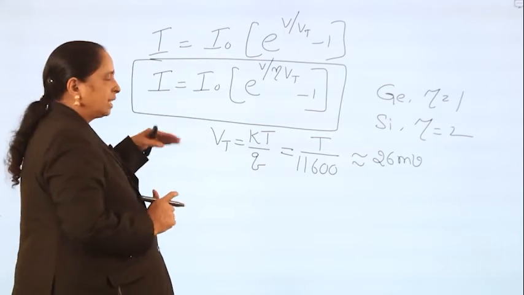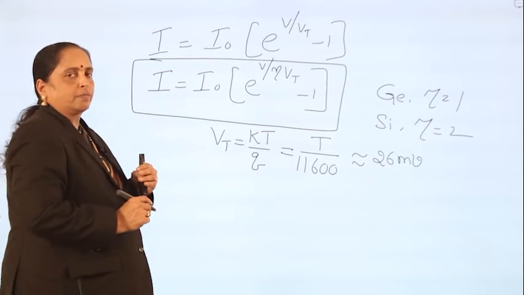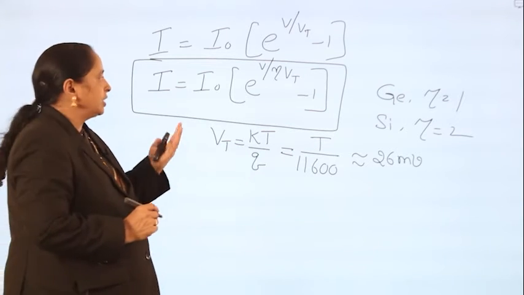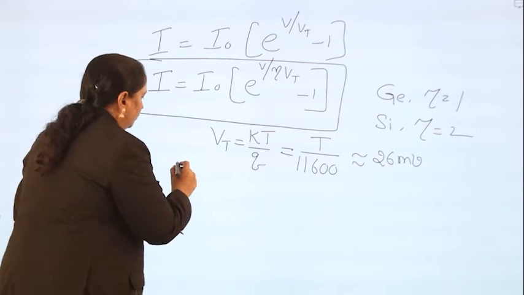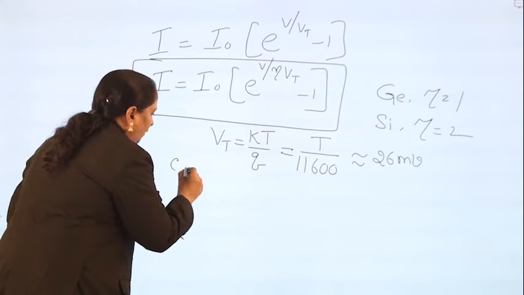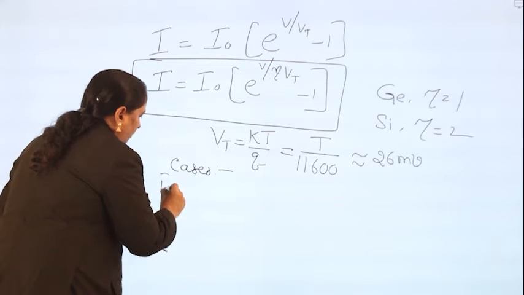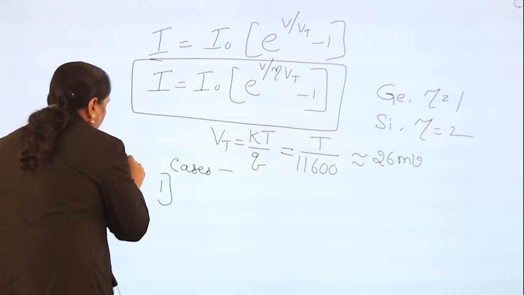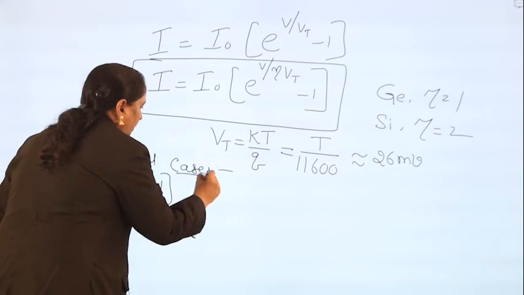Okay, now let us discuss, suppose the same diode is forward biased. You know that under forward bias condition, the applied voltage, the forward voltage, is greater. So let us see two special cases.